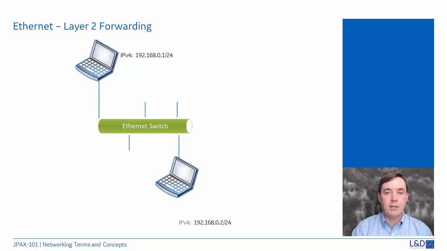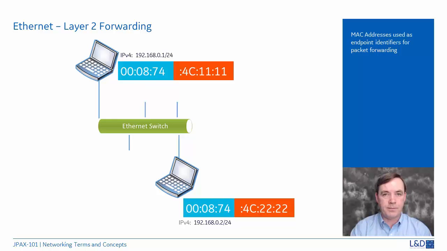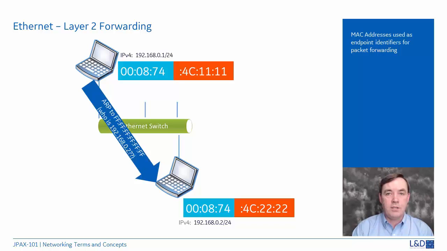In order to build an Ethernet packet to send to the destination host, the Layer 2 destination host MAC address is needed. If the destination MAC address is not yet known to the sending host, Address Resolution Protocol, or ARP, packets are sent to all hosts in the LAN using a special reserved broadcast MAC address, which is all Fs in hexadecimal, in order to resolve the Layer 3 address to the physical address of the remote host.